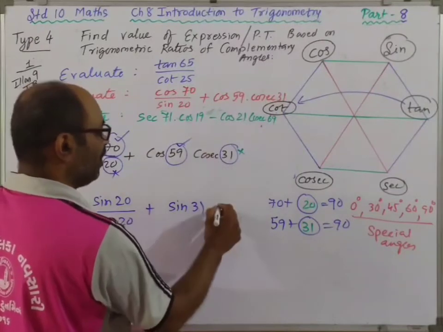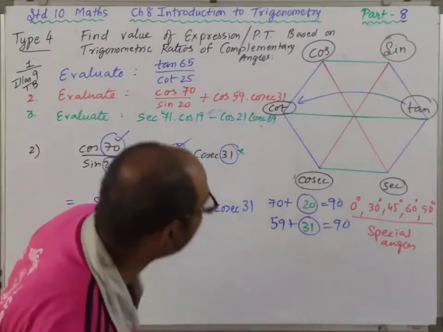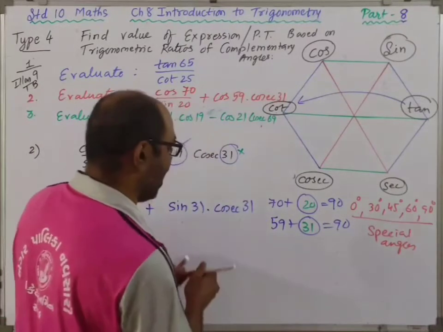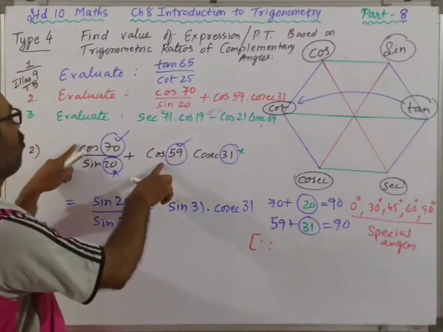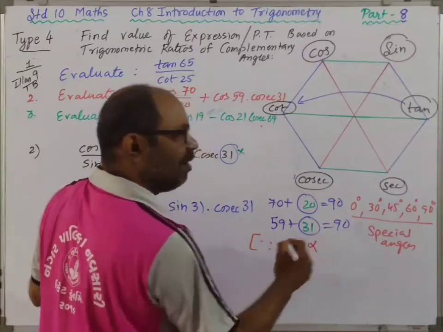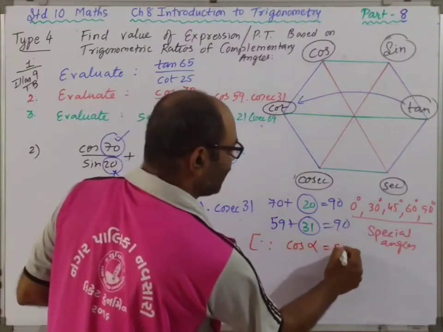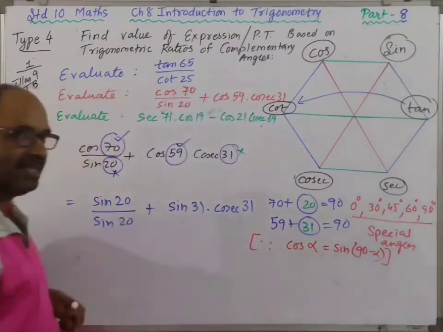Into this I am not going to change, cosec 31. You have to write the reason here, because you converted cos in both. So cos alpha, I am using alpha, is equal to sine 90 minus alpha. That is the reason. Correct?